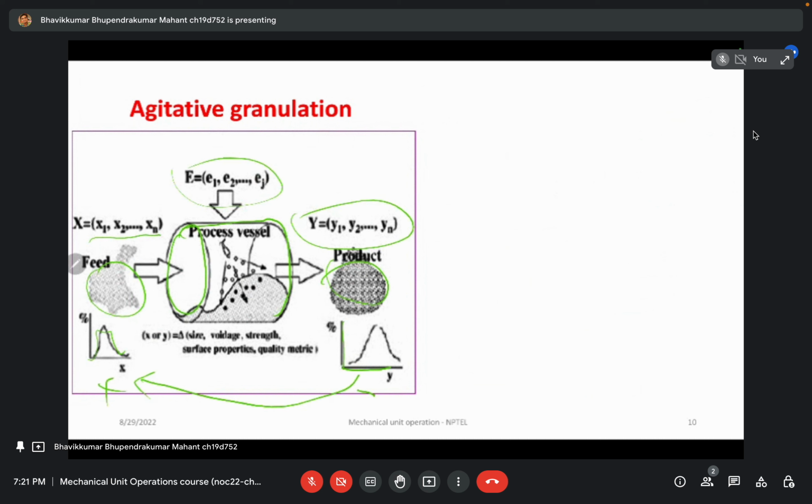So this is agitative granulation, where we put the material into the process vessel and provide agitation or mixing of the fine particles.